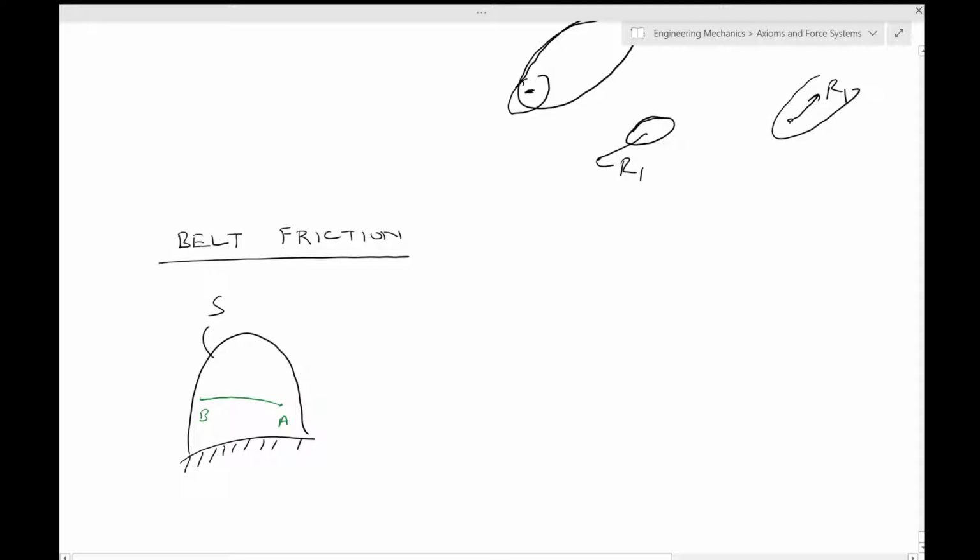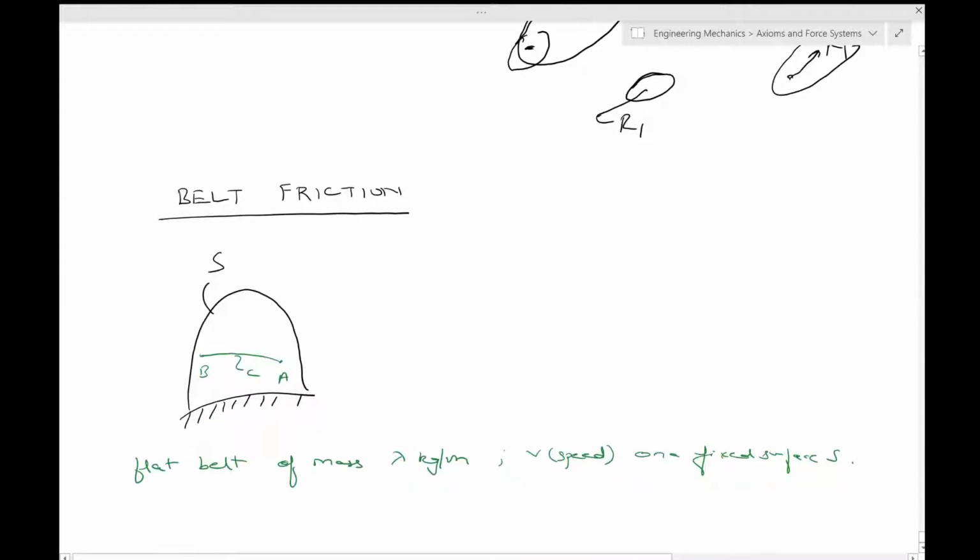So you have a flat belt of mass lambda kilograms per meter, which is moving at a speed v on a fixed surface S. Now this belt makes contact over the curve C. So this is the curve C. And A and B are its two edges which are in contact.